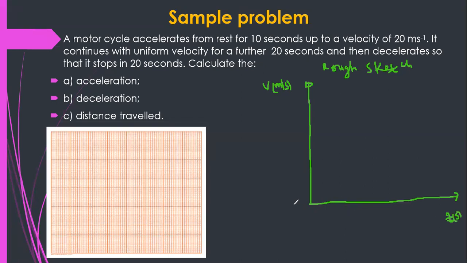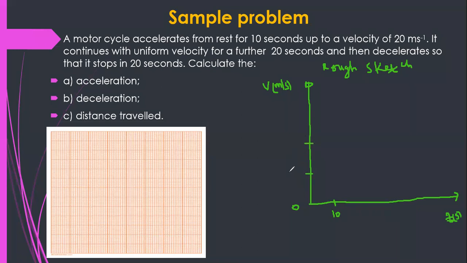Starting from the origin, let's go back to the question again. A motorcycle accelerates from rest for 10 seconds up to a velocity of 20 meters per second, which is the maximum velocity. Let's say we are taking maybe 2 centimeters to 10 units. So this is going to be 10, and then here too, maybe 2 centimeters to represent 10 units if you want.